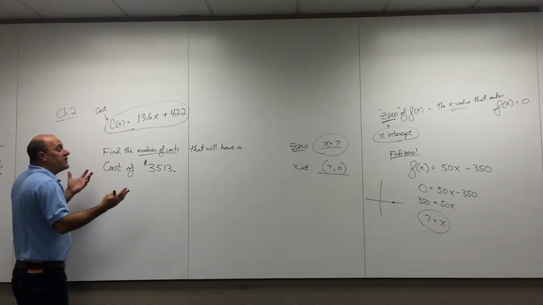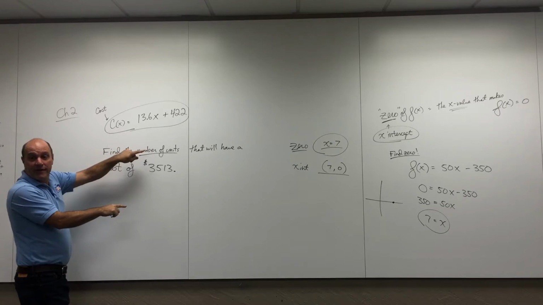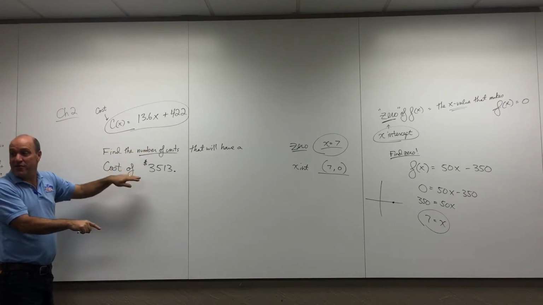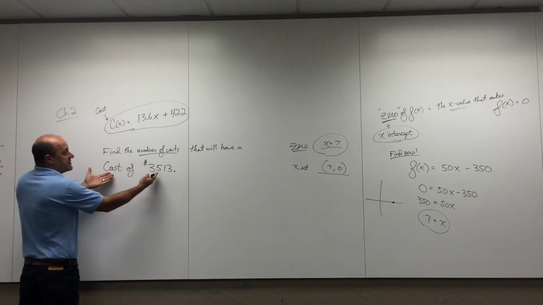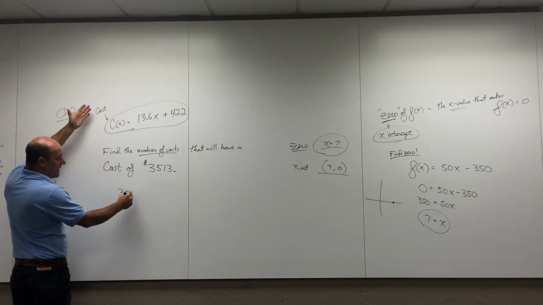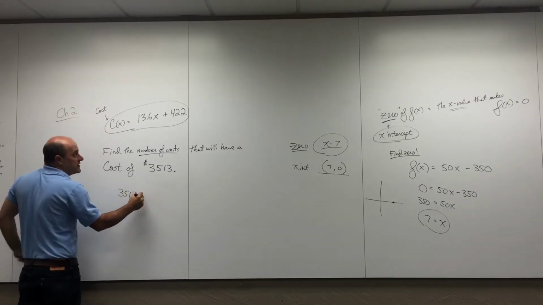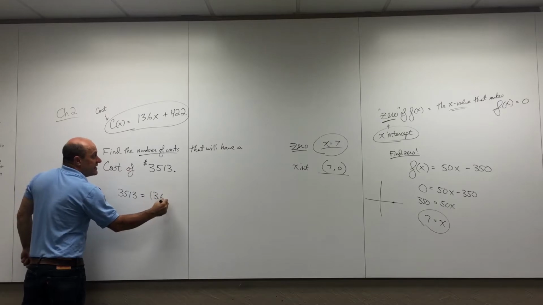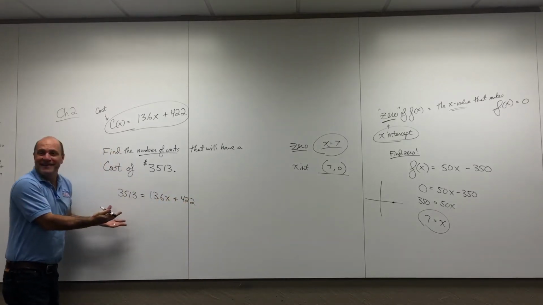Listen, you could interpret this as they're giving me a y value and asking me for an x value. That's one way you could interpret this. And so he's right. The cost is this number, so I plug it in for the y value on the left side of the equation. Then over here, I set it equal to this, and then I solve.